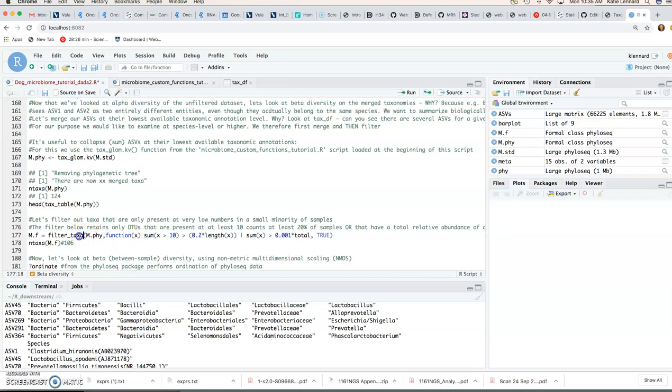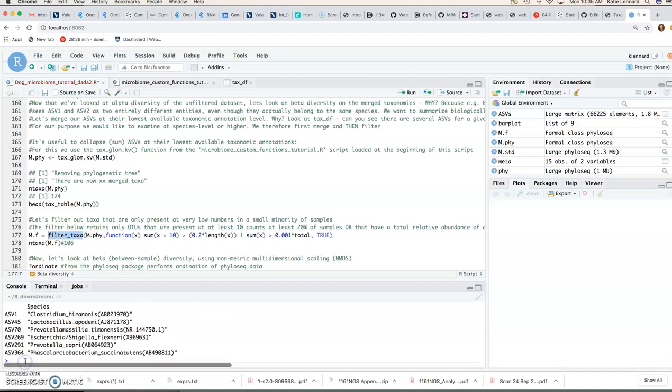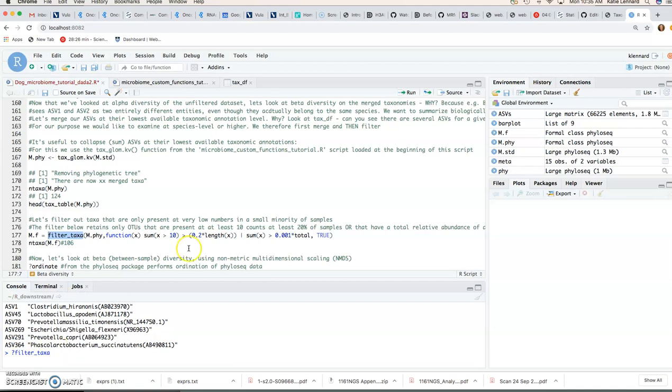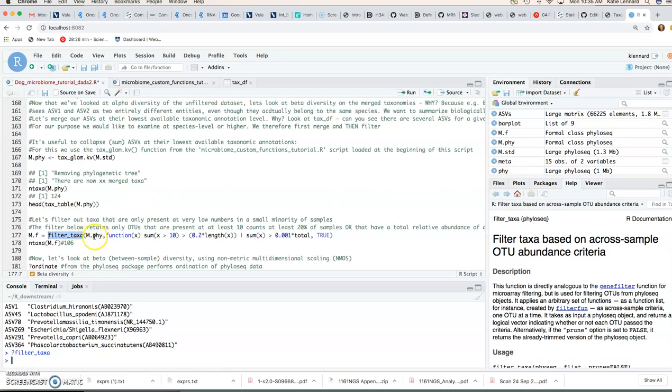So for this we use the filter_taxa function, and you can find that in the phyloseq package. So you can look at the help there, and basically what we're giving it is a phyloseq object as the first argument, and then we're giving it a function to filter by for the second argument. And we can use true or false depending on whether we want to keep or let those ASVs go.